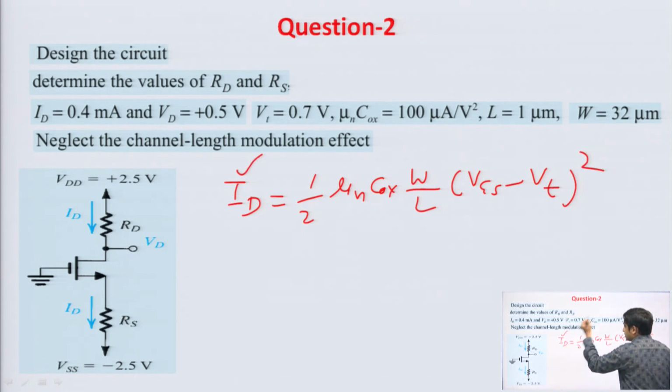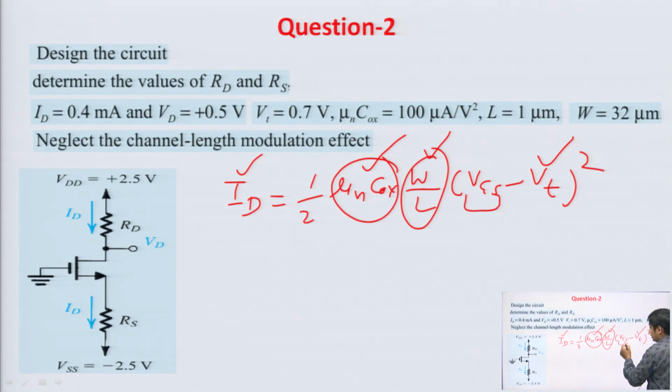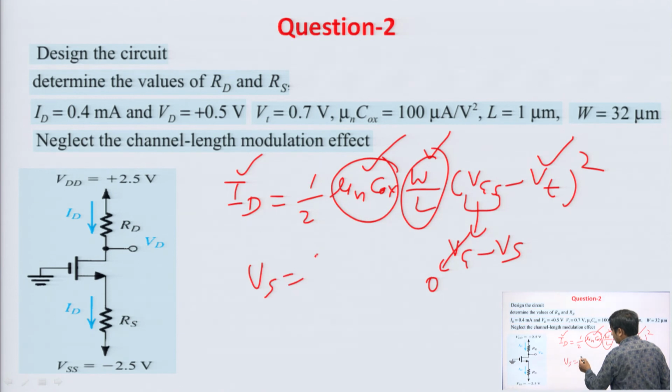See, ID is given, mu n Cox is given in the question, W by L is given, width and length of the channel, VT is given, fine. And VGS can be written as VG minus VS. From the circuit you can see that gate is grounded, so VG is 0. So, one equation, one unknown. Now, you can find out the value of VS.